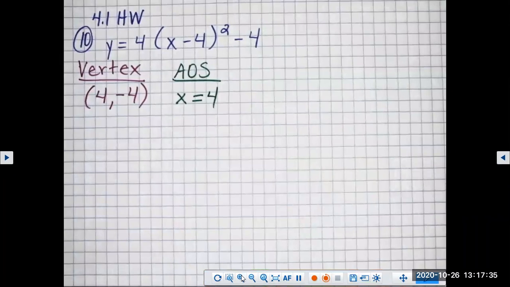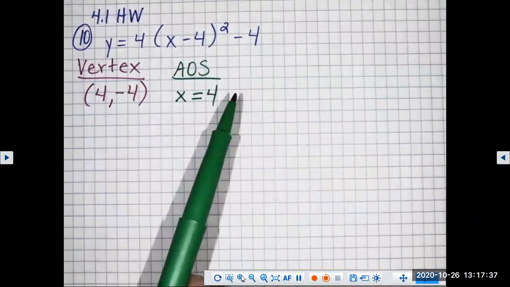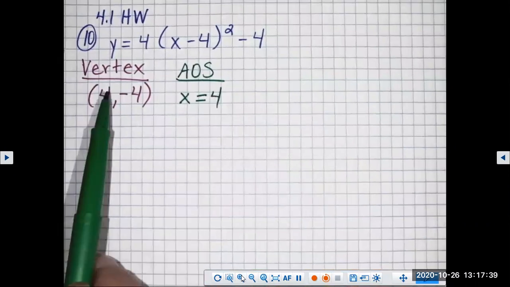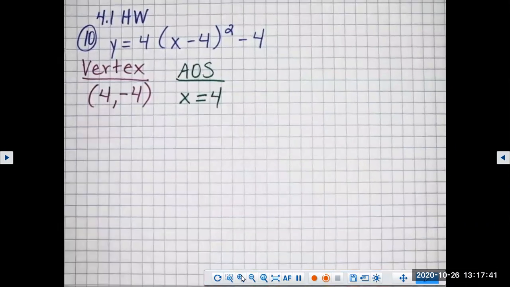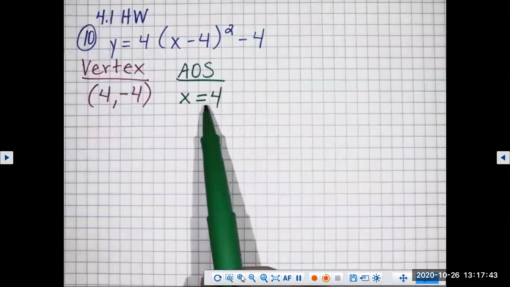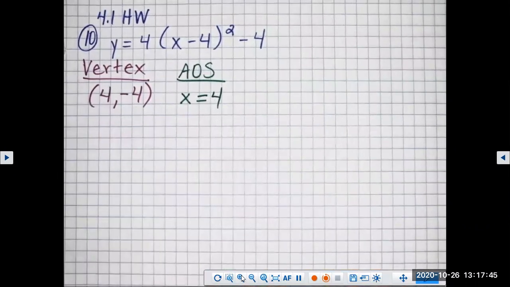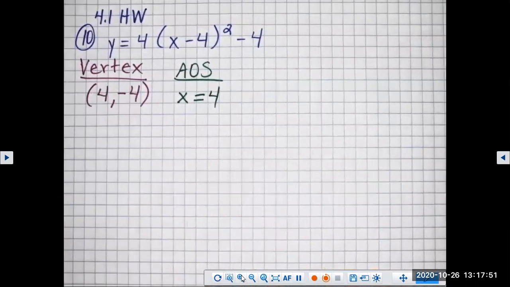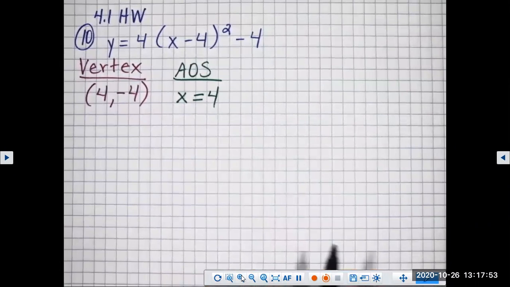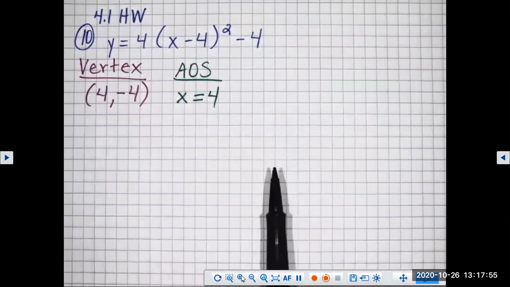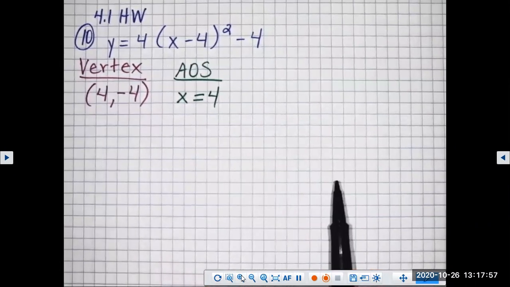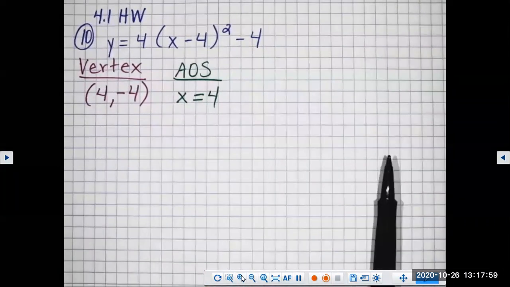You can also get the axis of symmetry from the x coordinate of your vertex, because remember, this line passes through your vertex. Knowing that this is 4, -4, imagine graphing that point: it would be to the right 4, down 4. So make sure you draw your graph out pretty far.